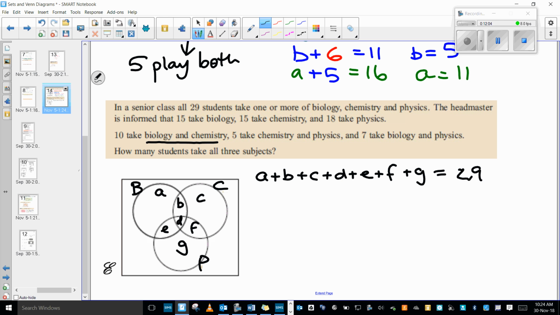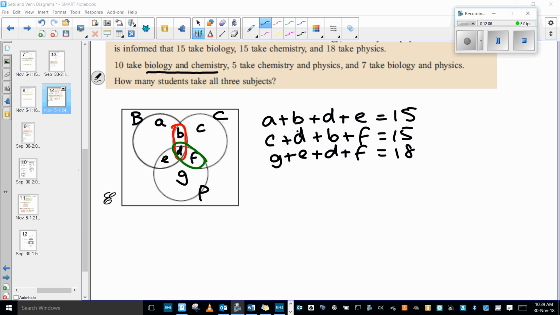Alright, so between Sabrina and Dinah, well, I think they did it independently. Right, okay, so we've been told the totals of each subject, so hopefully you're all happy with those. We've also been told the intersections, so we know that B and D is 10, chemistry and physics, D and F is 5, and D and E is 7.